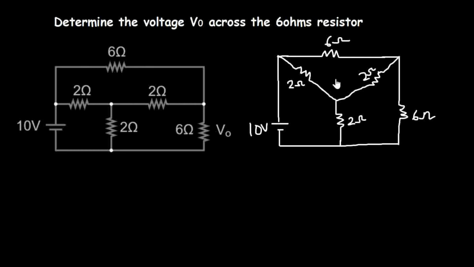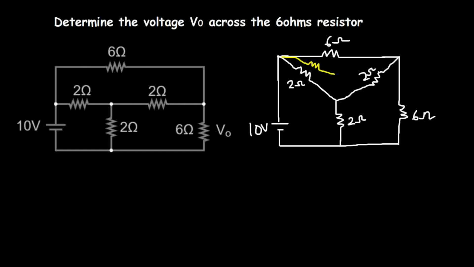So what happens here is that I'm going to change this delta network here to a star network. Now let's look at how you're going to do that. So I have one resistor here, and then I have another one here, one resistor here.